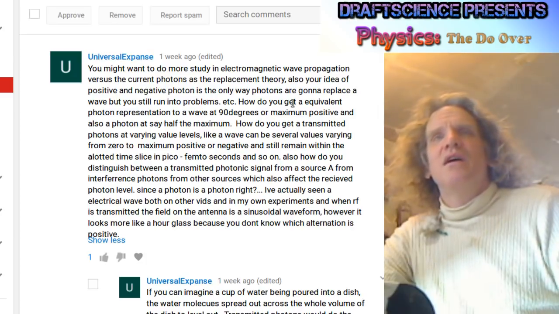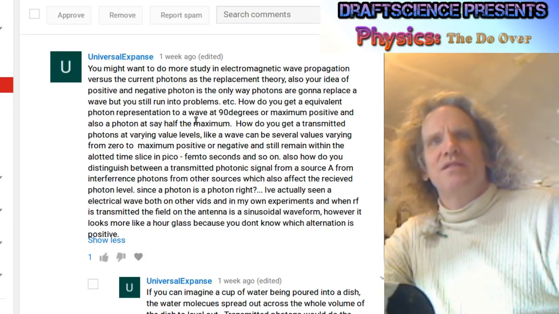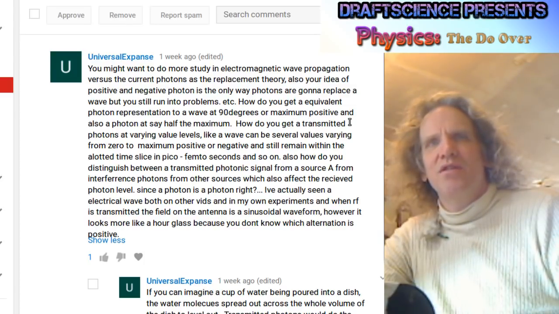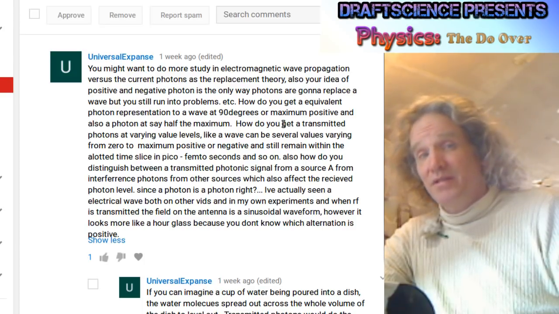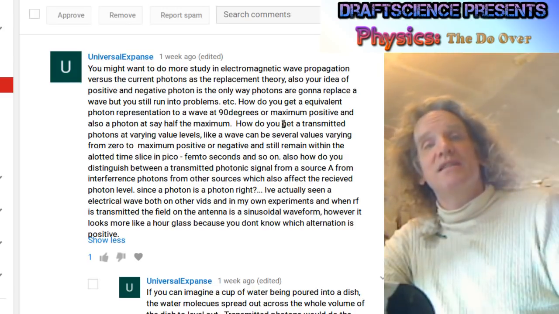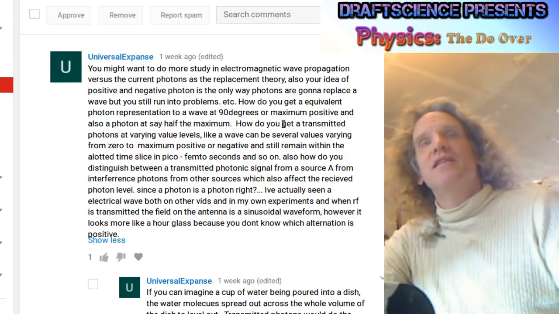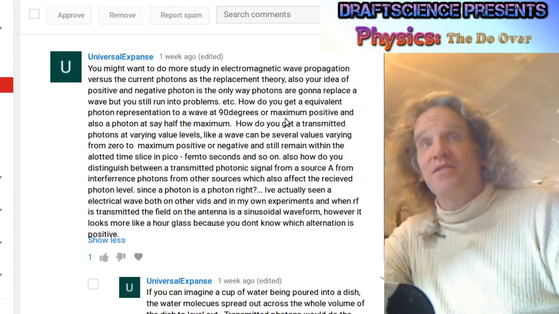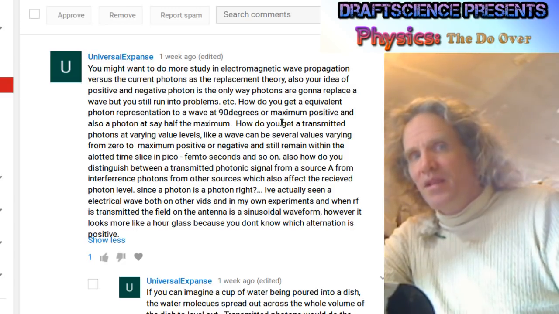How do you get an equivalent photon representation to a wave at 90 degrees or maximum positive, and also a photon at, say, half the maximum? Photons, as most physicists will say, don't come in degrees of photon. But whatever, I don't know. Again, I have no obligation.